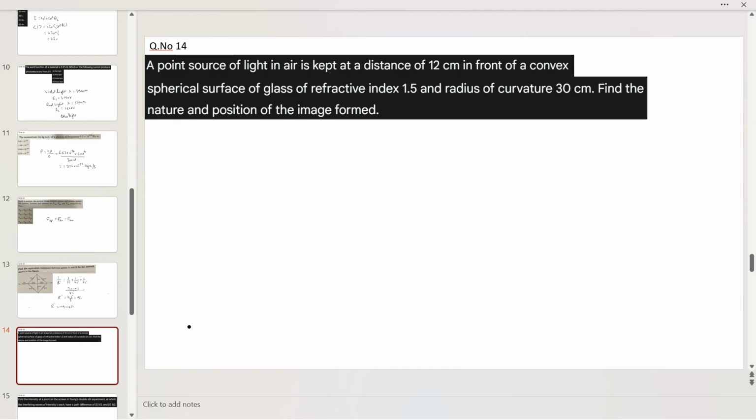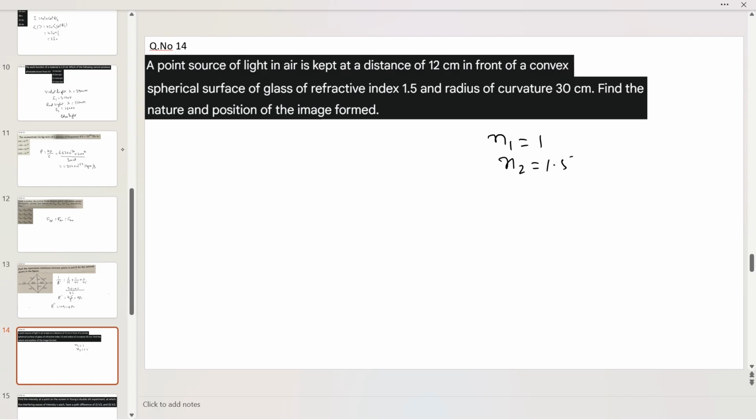Now I am going to another question: a point source of light in air is kept at a distance of 12 centimeter. Let us take the refractive index of air N1 equal to 1, in front of a convex spherical surface of glass, refractive index N2 is 1.5, and radius of curvature is given as 30 centimeter.